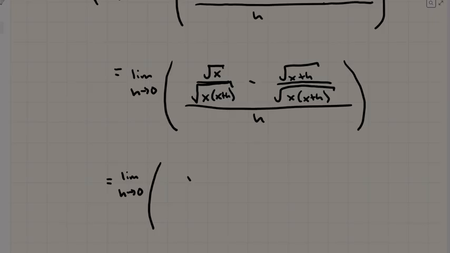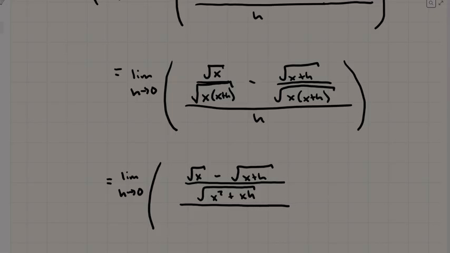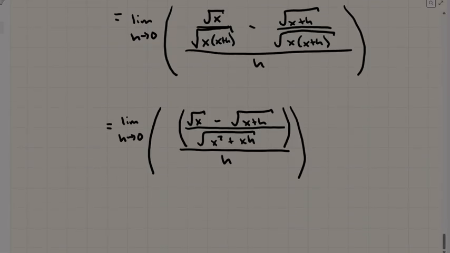So then that would be the square root of x minus the square root of x plus h divided by the square root of x times x plus h, which is x squared plus xh. All right, and then that still divided by h. All right, so that's our numerator there.